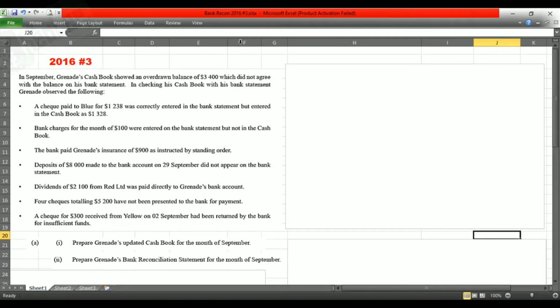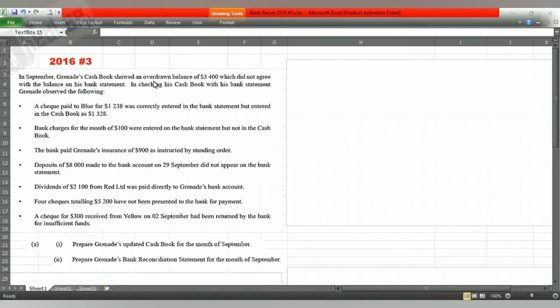So this 3,400 represents the overdrawn balance that is in your cash book. And guess what? It is important for you as you go through to highlight the main things from the question.